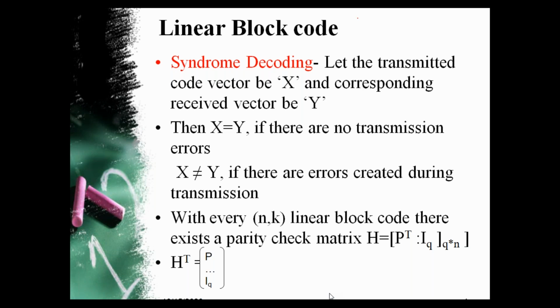Okay. Then we have seen that with every (n, k) linear block code there exists a parity check matrix, denoted as H, and we have seen that its general form is P transpose I_q, a matrix of the order q by n.